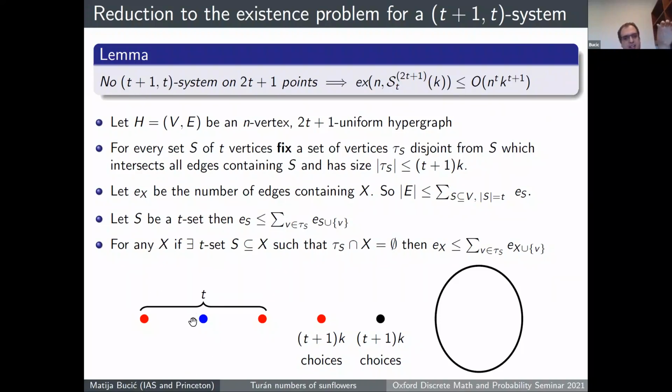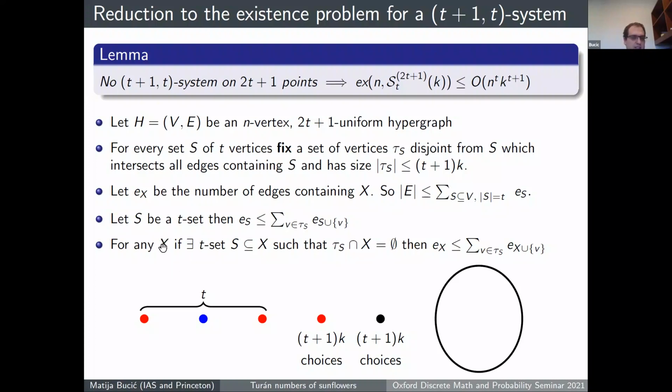And observe that this guarantees that it covers all t element subsets, simply because we start this argument from every t element subset, and we're assuming we never counted E. So in this branching procedure, at some point we got stuck at the set X, which is a subset of our edge E. So in particular, it contained this arbitrary t element subset. So all t element subsets need to be covered by these stuck sets X.